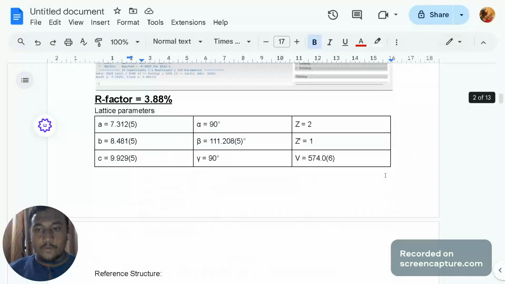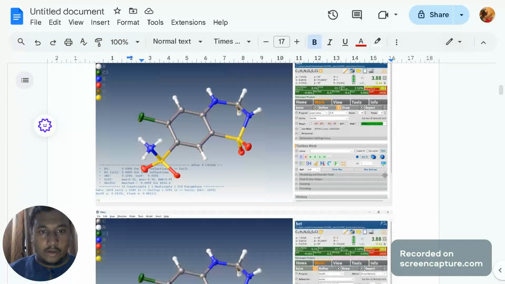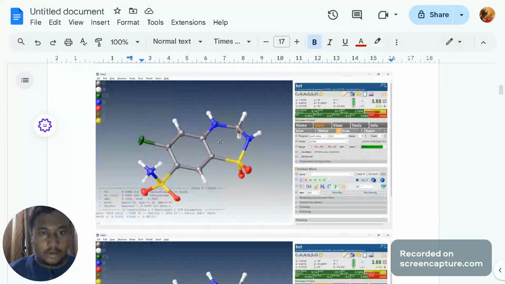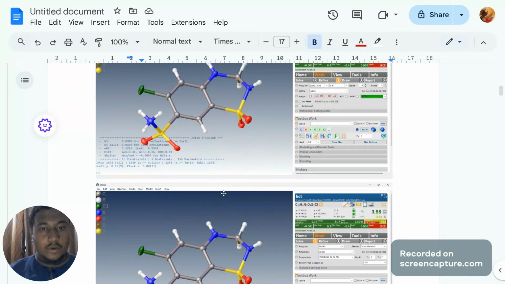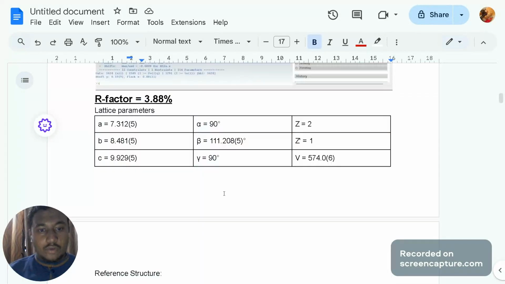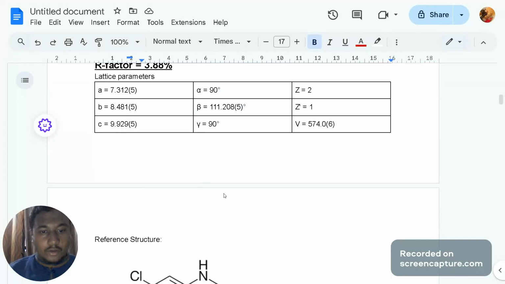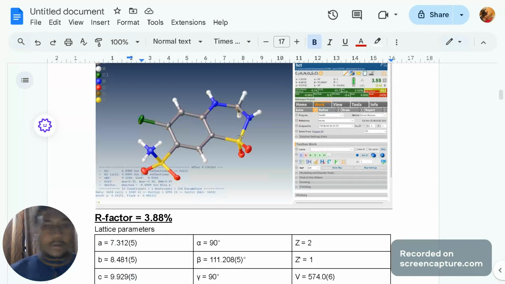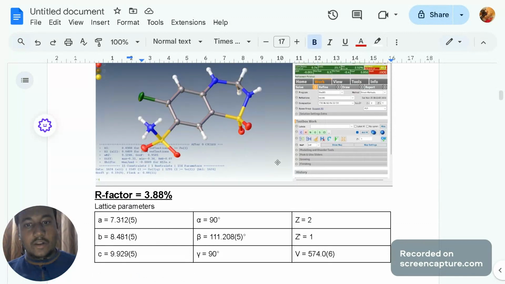From the pattern, I have found this structure, where the blue ones are nitrogen, the white ones are hydrogen, the green one is chlorine, the yellow ones are sulfur, and the red ones are oxygen. I found that due to the double bond, the oxygen bond length was a little smaller than other bonds, and the R factor I have achieved here is 3.88%.